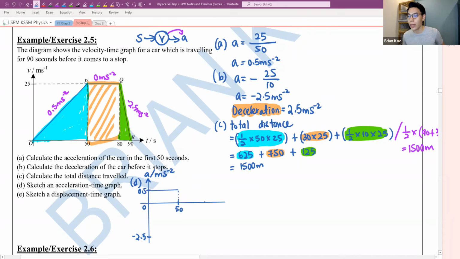From 50 to 80 seconds, the acceleration is just 0 because it's not getting faster. It's just a constant velocity. And then the last part, from 80 to 90, it is a negative 2.5 down here. You can actually connect the graph like that.